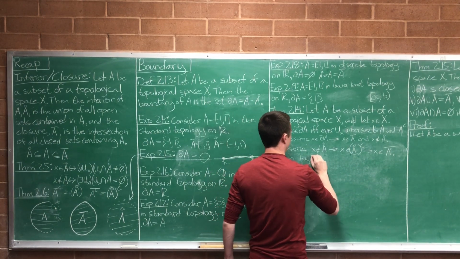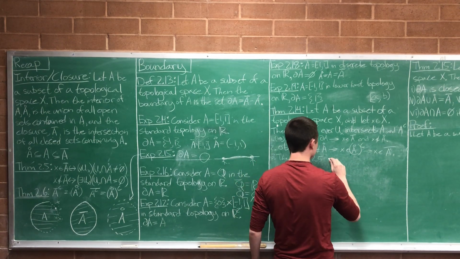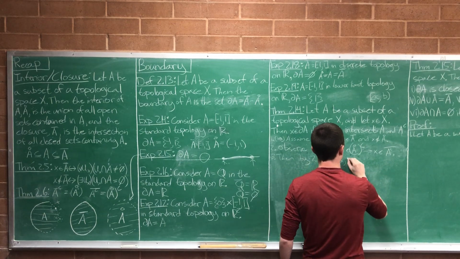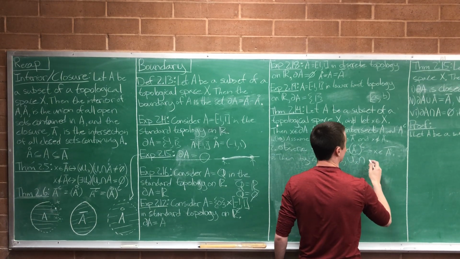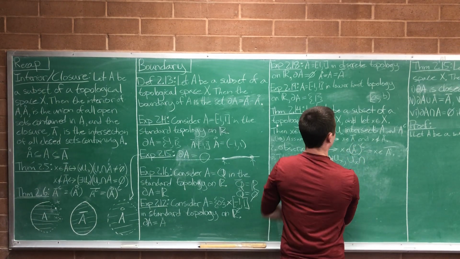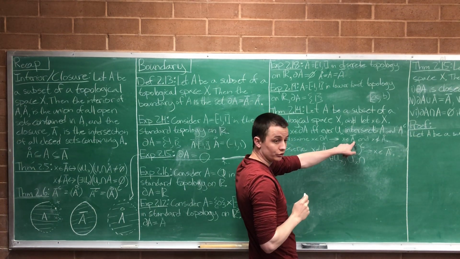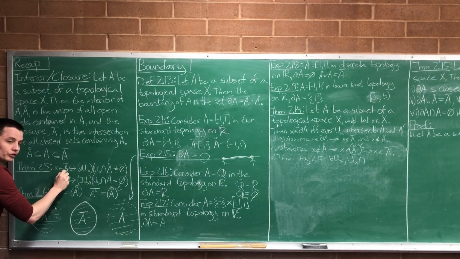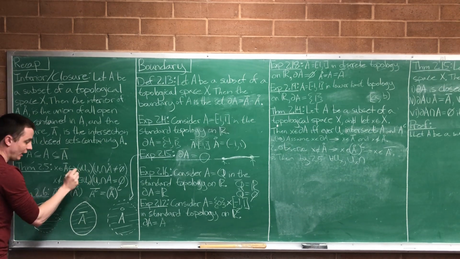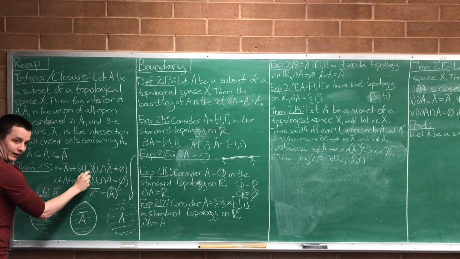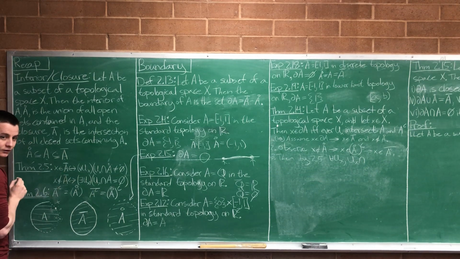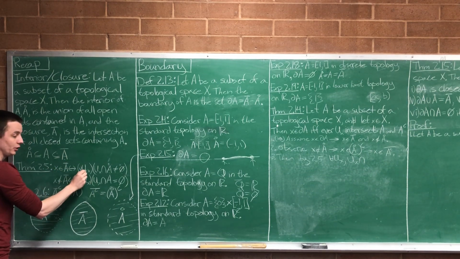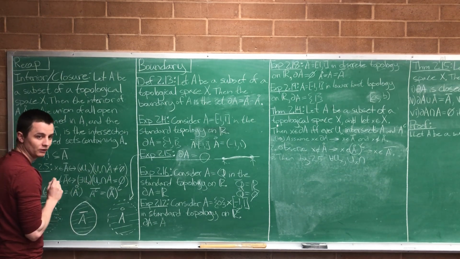And then here's where we're going to use 2.5. Then by 2.5, for all neighborhoods U sub x, since x is in A's closure, notice what it says here. X being in the closure of a set means every neighborhood of x intersects that set.